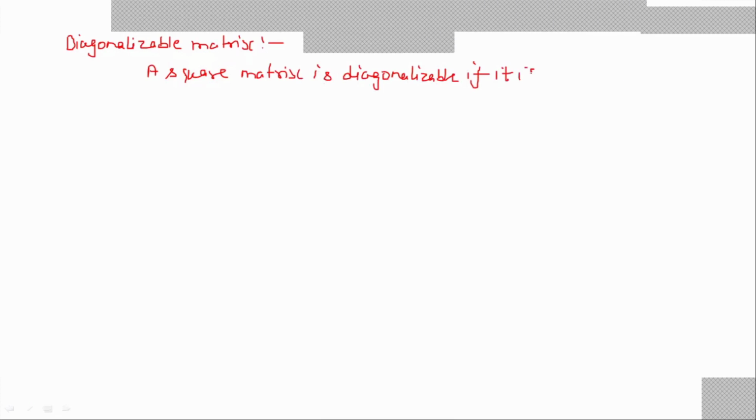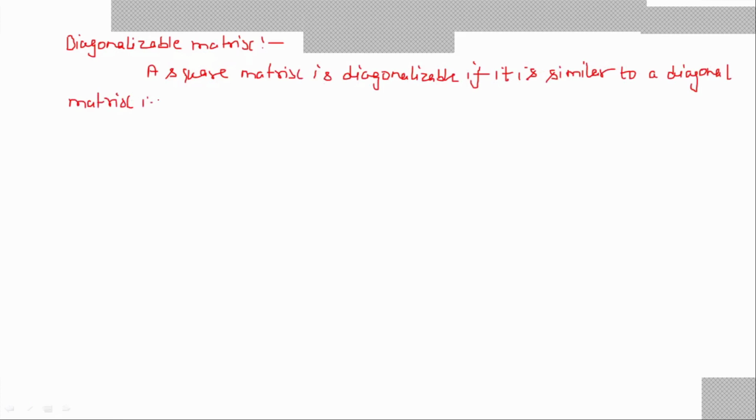So a square matrix is diagonalizable if it is similar to a diagonal matrix. Now, what does this mean?